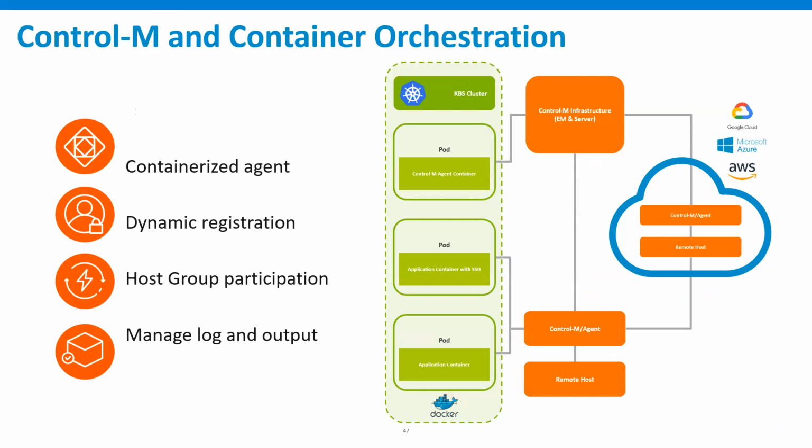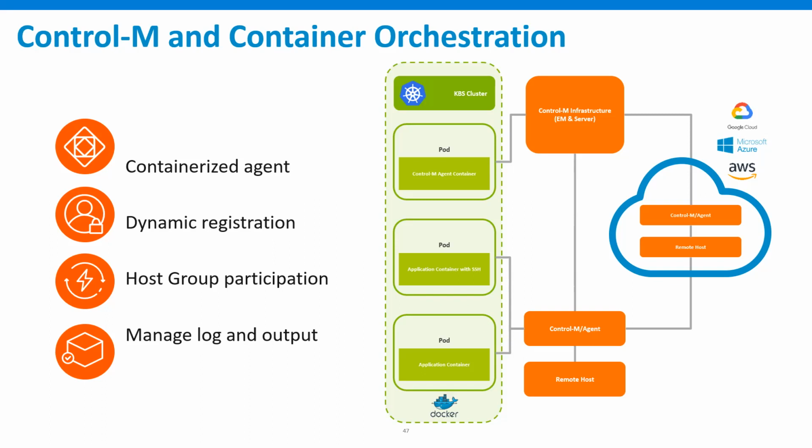So in a nutshell, we can have containerized agents. We can provide dynamic registration of those agents in the pod. Those agents can be part of a host group. Let's suppose you have 10 or 15 pods which contain 10 or 15 Control-M agents, and you want to run a specific task in all your pods.